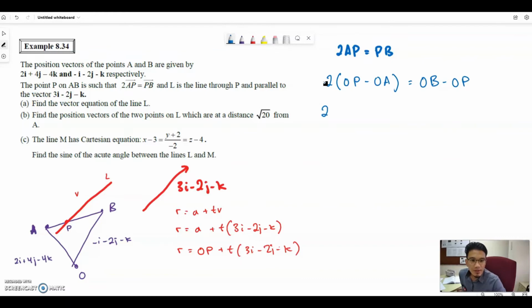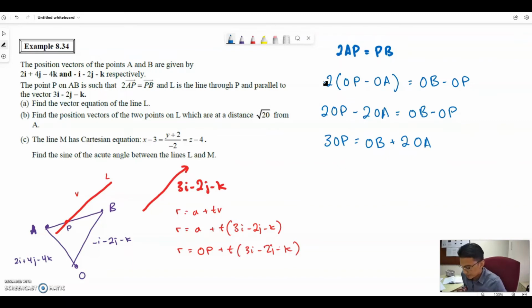So we have 2(OP minus OA) equals OB minus OP. We can bring OP to one side, so we have 3OP equal to OB plus 2OA.